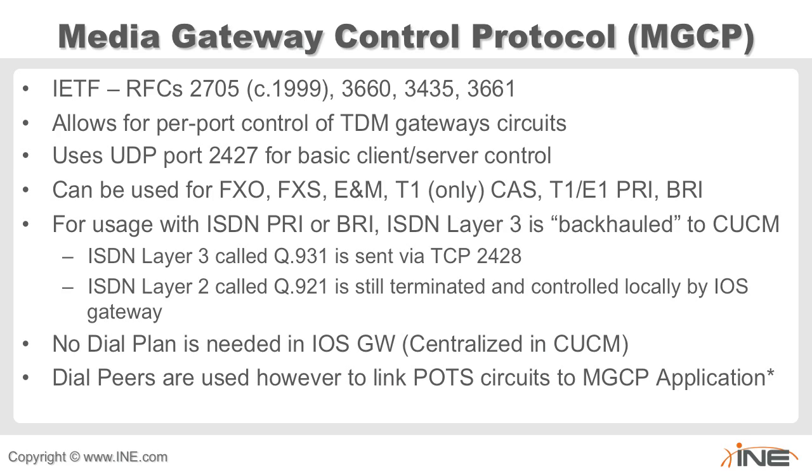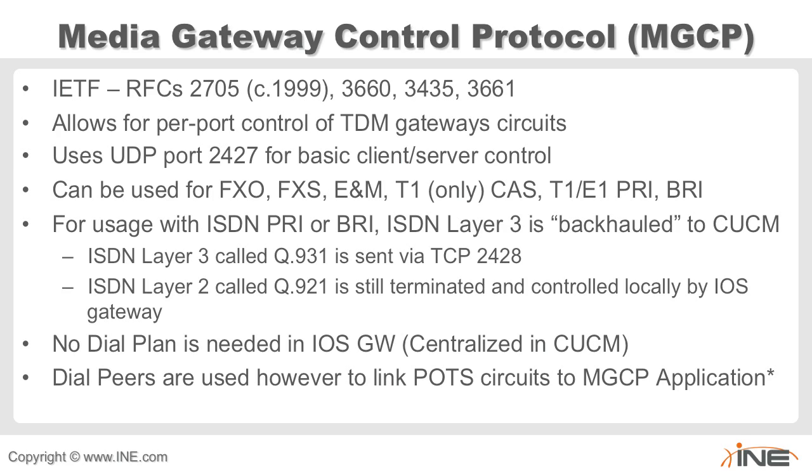If it's used with ISDN PRI or BRI, because ISDN has a layer 3 component, then MGCP, which is an IP, a layer 3 protocol, backhauls this layer 3 component to CUCM. We'll talk a little bit more about this.